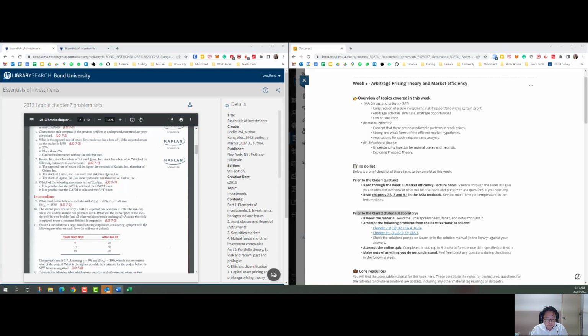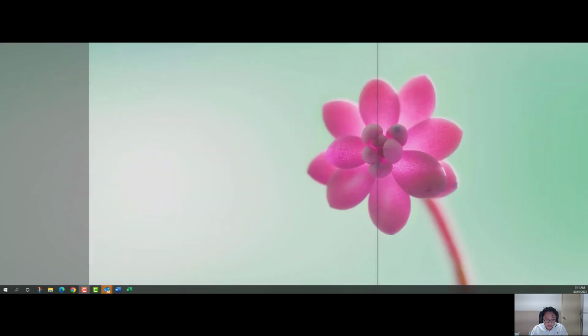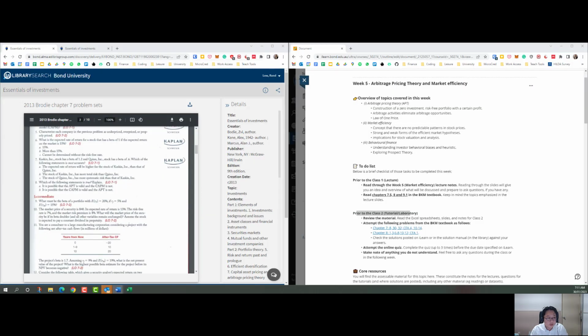When we did the discussion about CAPM and APT, one thing most of you recall is the fact that the CAPM has a lot of restricting assumptions. It's a lot stricter than the APT, right? The arbitrage pricing theory allows for a lot more flexibility in the number of factors you can include in your asset pricing model.